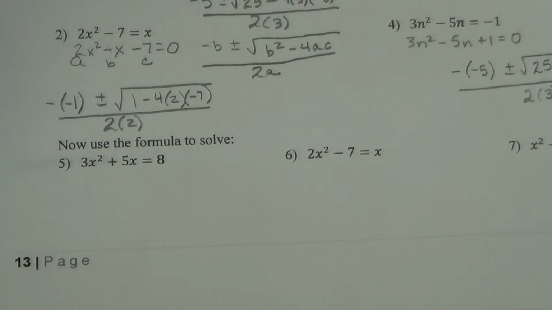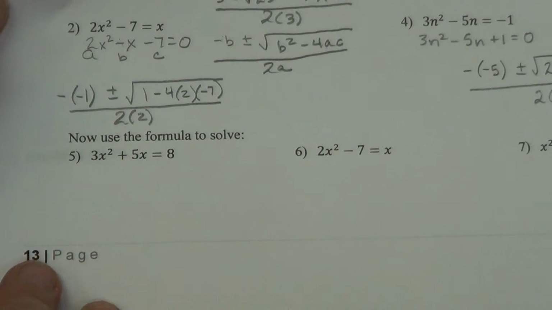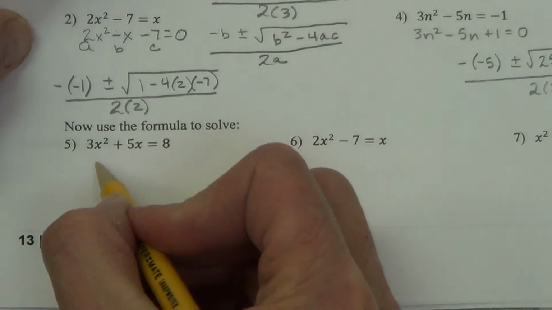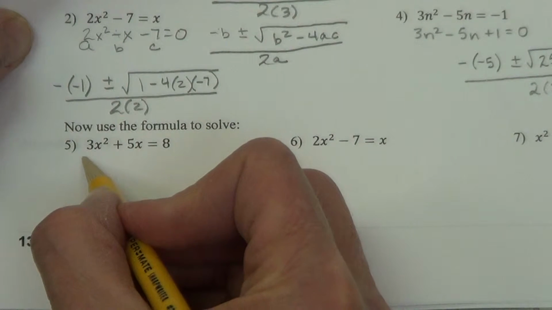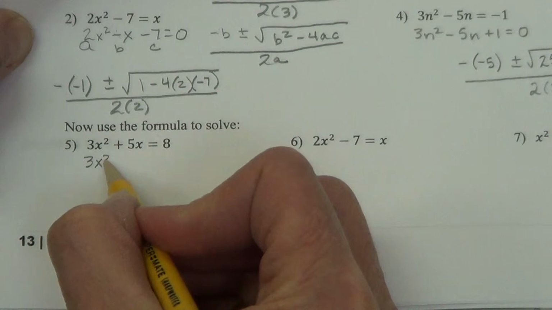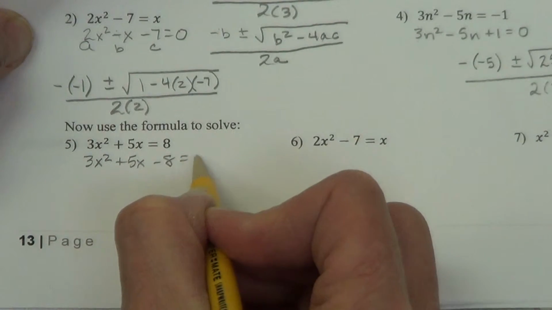Okay, now we need to use the formula to actually solve. So we go ahead and we use it again. Well, just a minute. Let's get this in standard form. 3x squared plus 5x minus 8 equals 0.